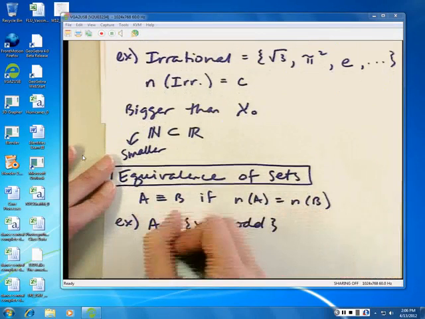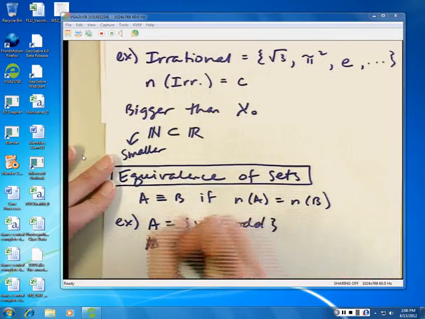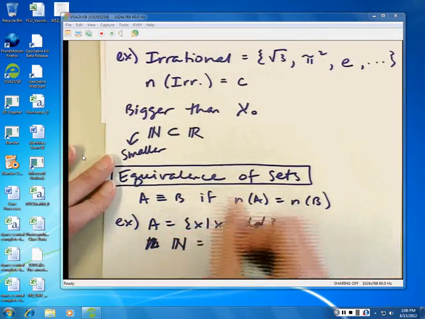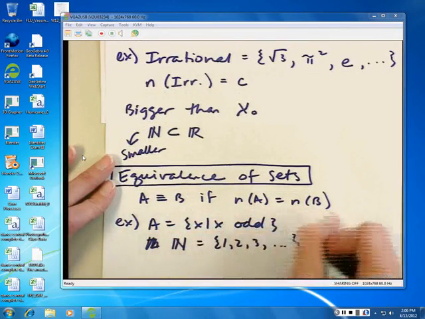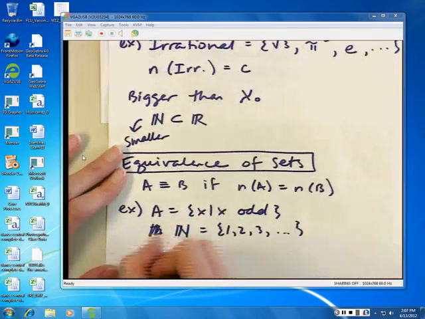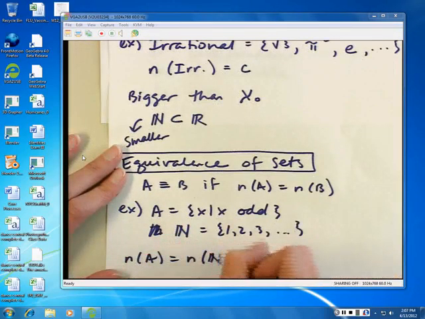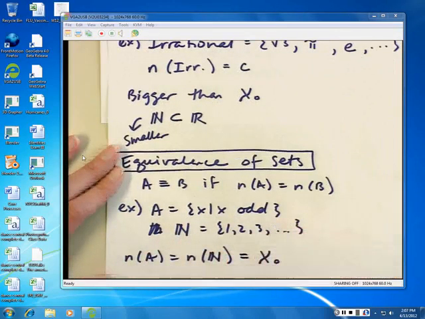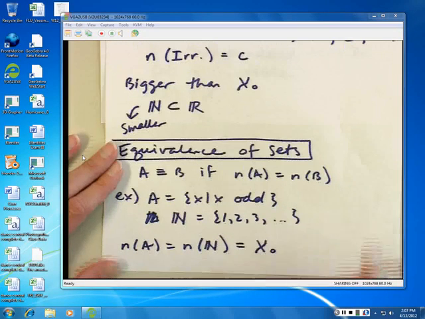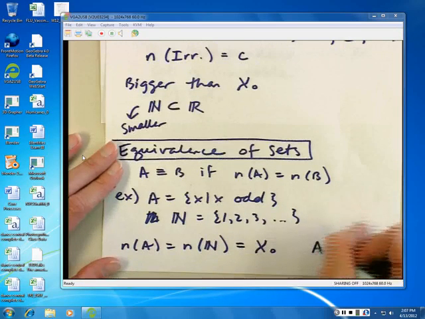And then we had the counting numbers, natural numbers, 1, 2, 3, ... Both of these cardinalities, so the number in A was equal to the number in the natural numbers, and both of those were aleph naught, which means that these two sets are equivalent.